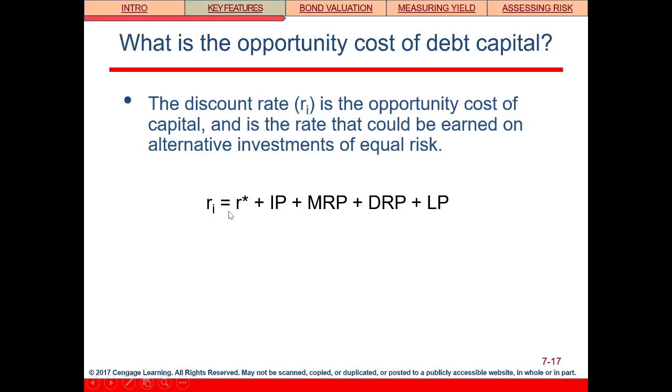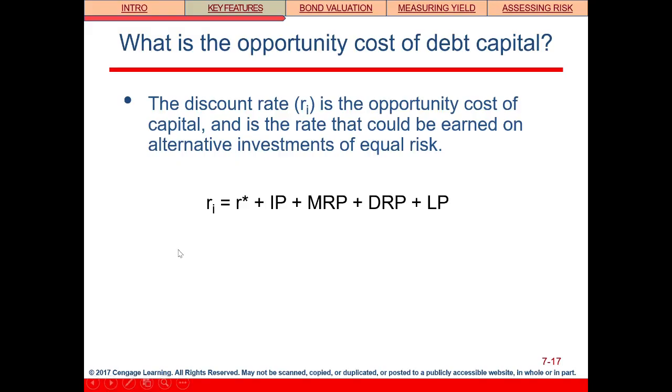So chapter 5 provides us with the way to price a bond, and chapter 6 provides an important method to calculate one of the important inputs, which is the required rate of return, the interest rate of that period.